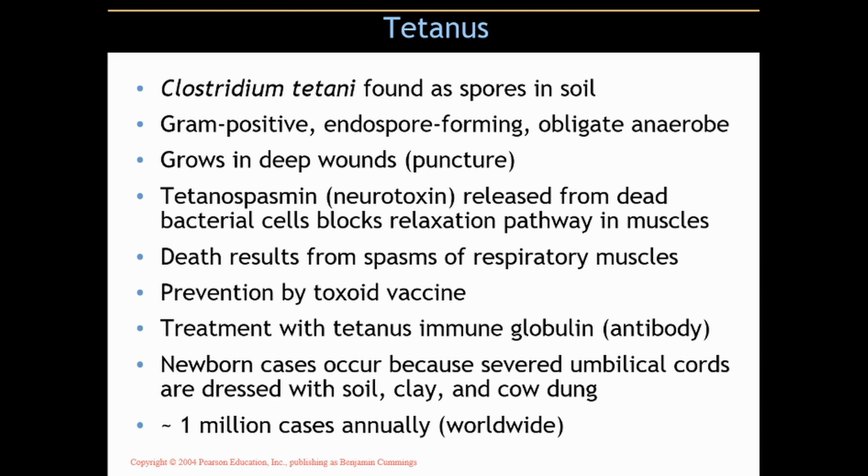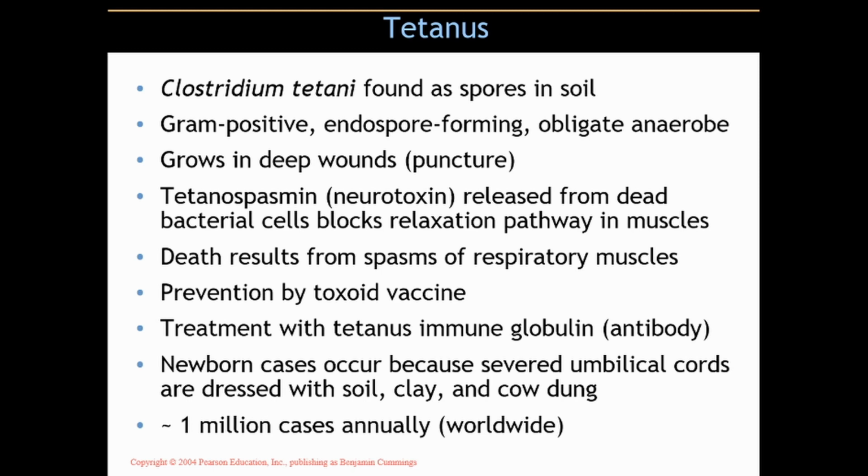It grows in deep wounds, and therefore these bacteria get inserted into the body through puncture wounds. They get put deep into the skin, into the dermal layer or even the subcutaneous layer, and then the skin seals around it, prevents oxygen from getting in, and then they can start to grow, multiply and divide, and then they'll release a neurotoxin called tetanospasmin, released from dead bacterial cells.